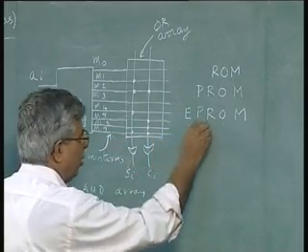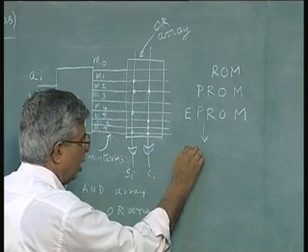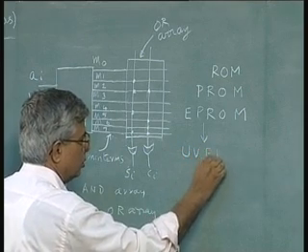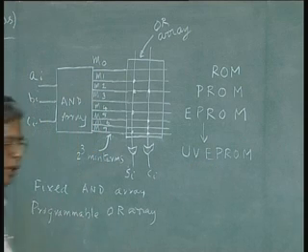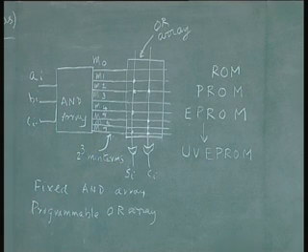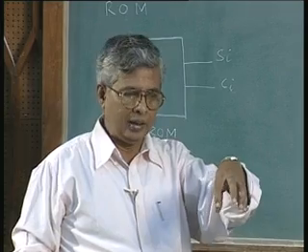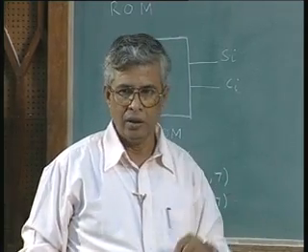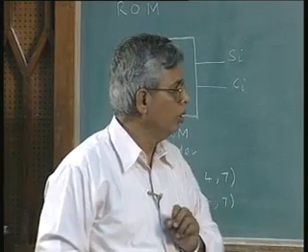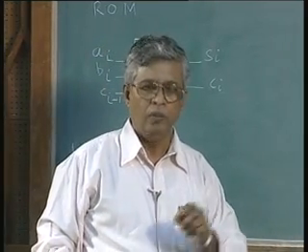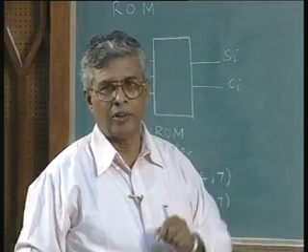Erasure can come out of shining ultraviolet rays, called UV EPROM. You can erase the device after programming it by shining an ultraviolet light on the device. You might have seen EPROMs with a window covered with glass.